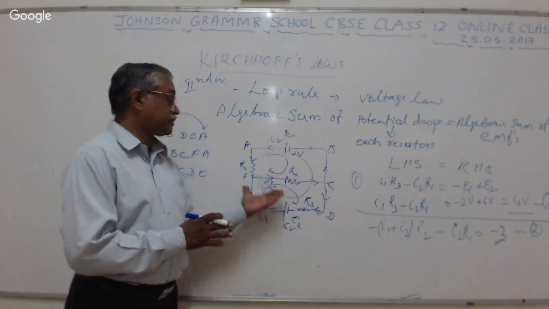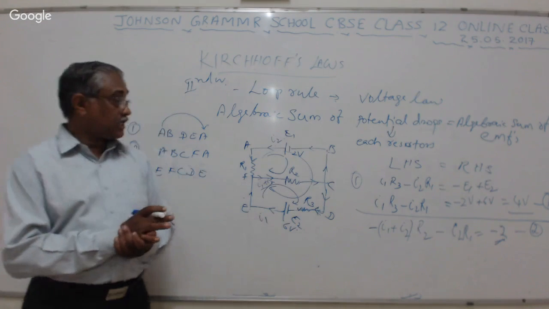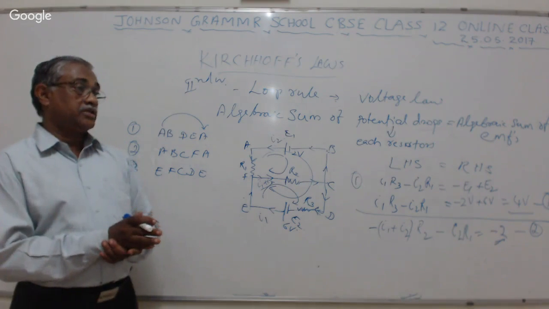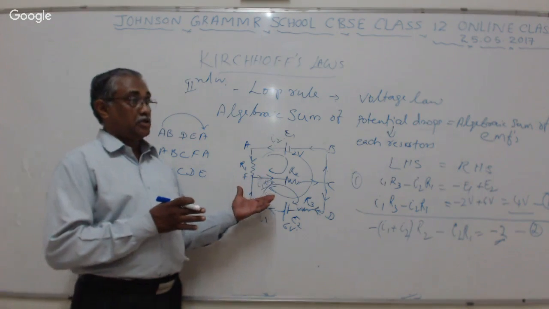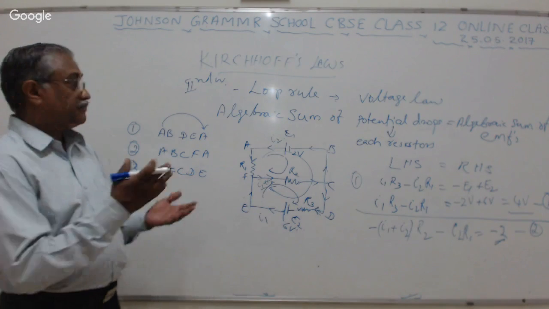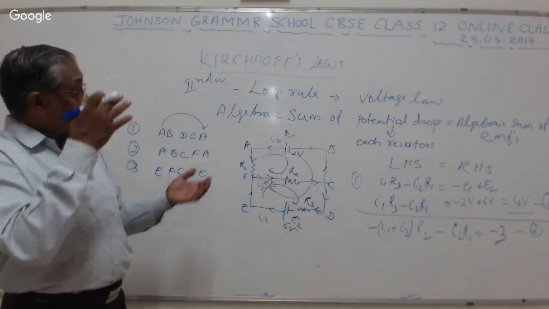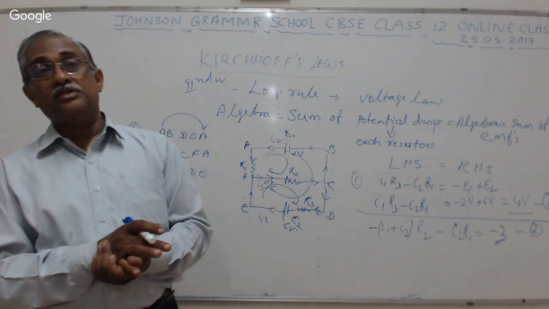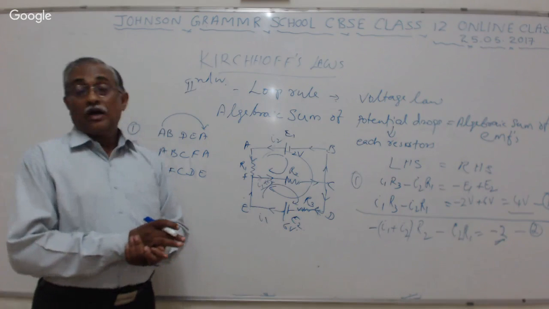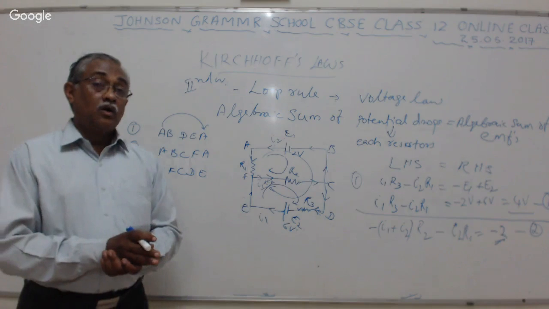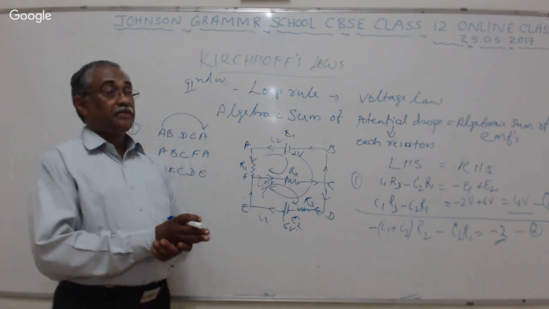In any part of any circuit, we can say that energy conservation is taking place: energy is neither created nor destroyed, it is only converted from one point to another. So the first law, the junction rule, follows the law of conservation of charge, and the second law gives the law of conservation of energy.